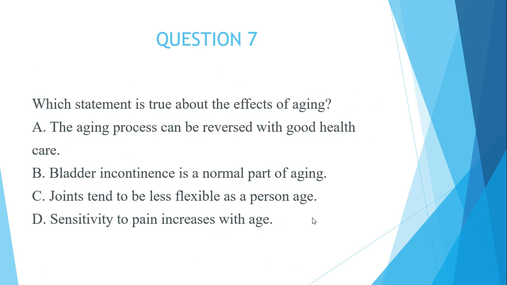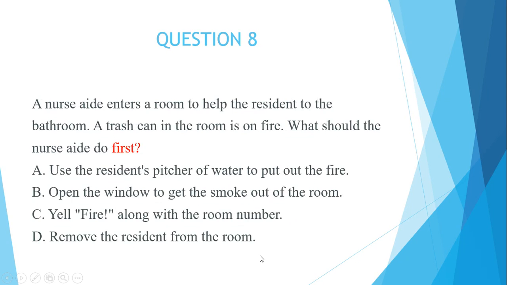Joints tend to be less flexible as we age. True. Sensitivity to pain decreases with age. It doesn't increase with age. So the answer is C. The joints tend to be less flexible as a person ages.